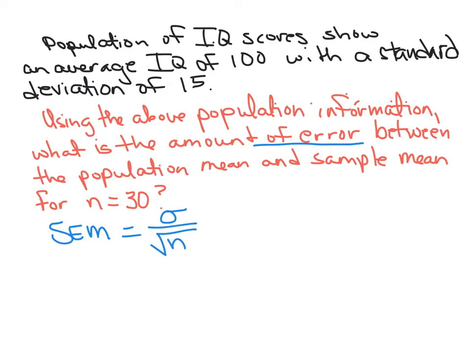Now we have everything we need: standard deviation of 15, so 15 divided by the square root of 30, since we're provided n equals 30.